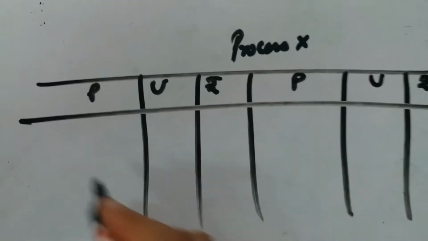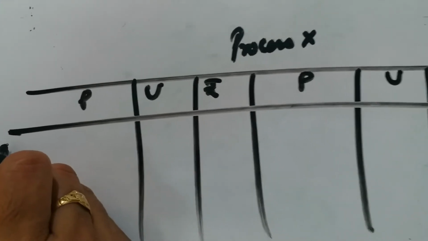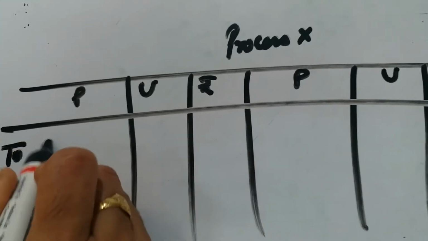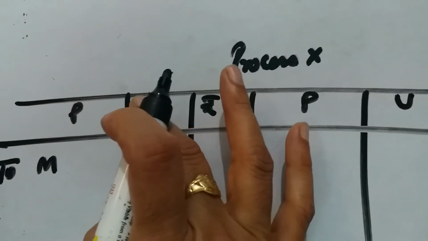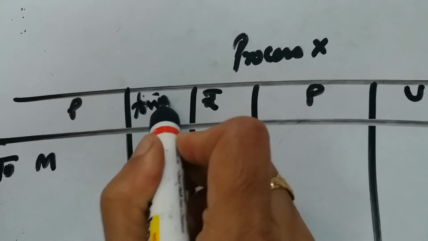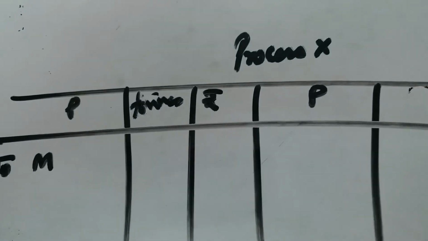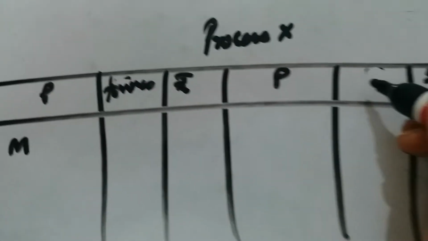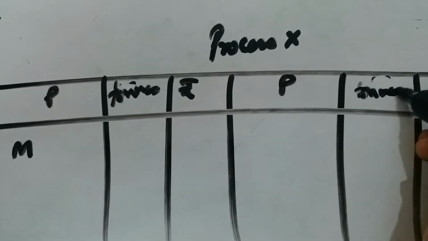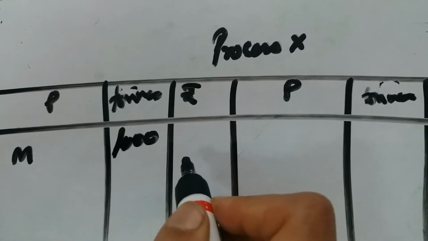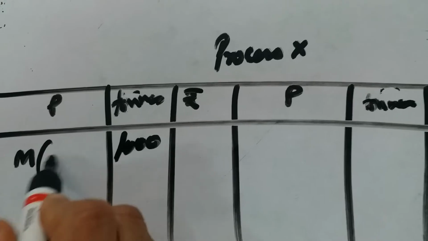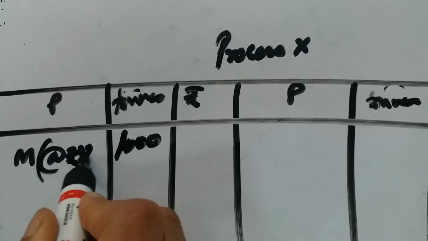Let us start. First of all was the materials which we have introduced. Here there are tons given, so we'll be writing tons. Whatever quantity, you can write quantity word also, or you can write tons word also. So tons 1000 have been introduced, and it is written cost per ton is rupees 125 per ton.